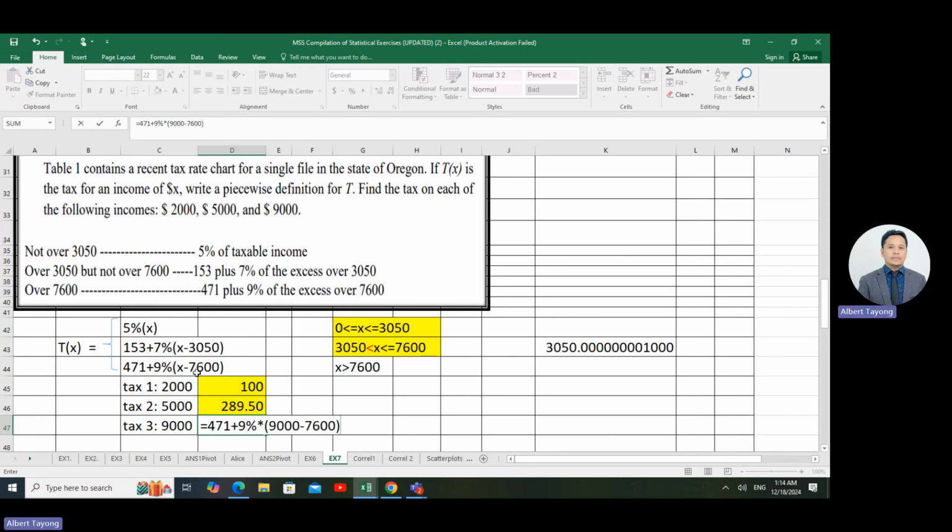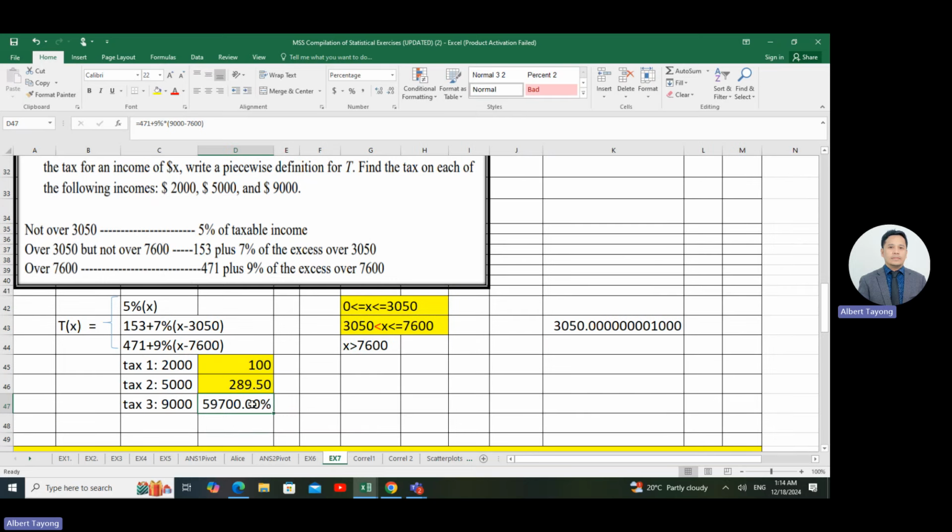Okay, so we have to follow this function here. So again, we have to change this to number. So the answer is 597. As you can see, the one with the lowest income has the lowest tax. So this one is fair. 597 is the tax of 9,000 because it is the highest.